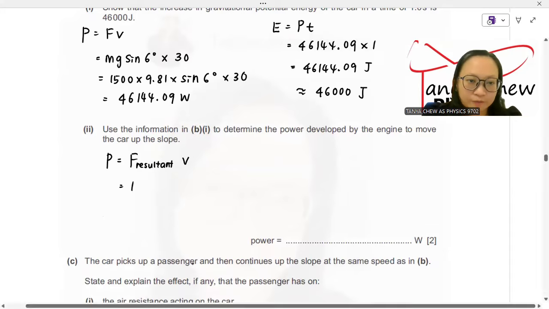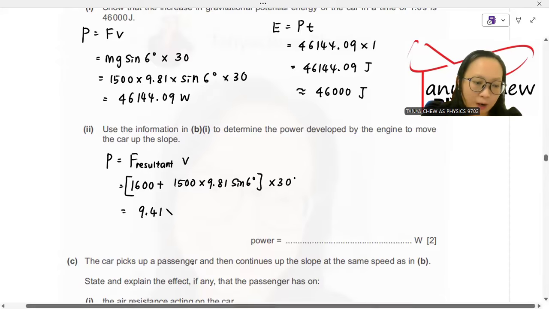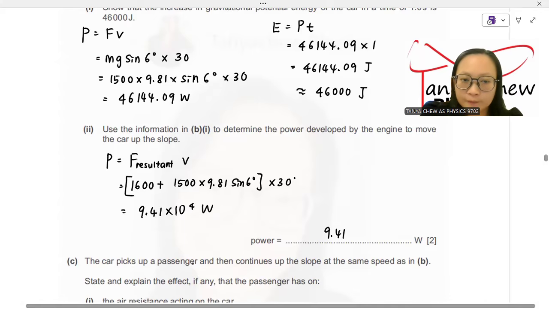That is why for the resultant force, you take the resistive force plus mg sine 6 degrees: 1500 times 9.81 times sine 6 degrees, and all this multiplied by 30. The answer is 9.41 times 10 to the power of 4 watts.